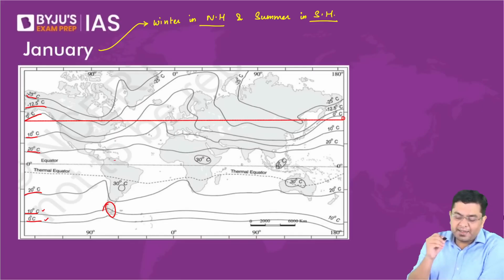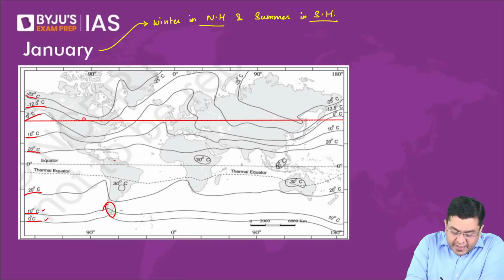And on this latitude, let us consider a few different places on the same latitude. Let's consider this place A. Let's consider this place B. Or if we could have had a slightly different portion, we could have had a greater contrast.